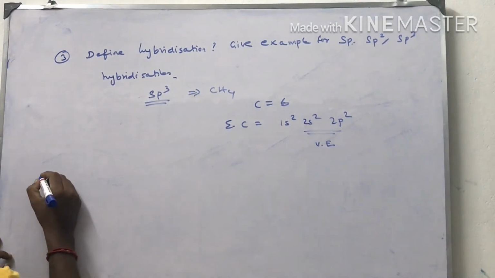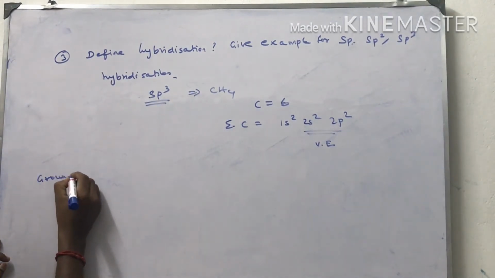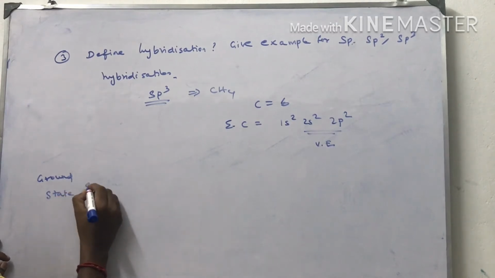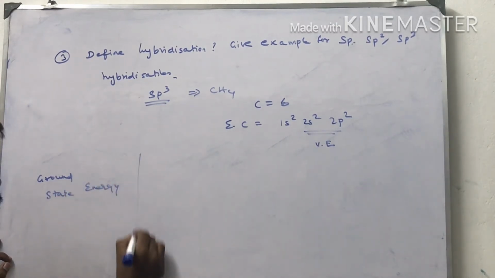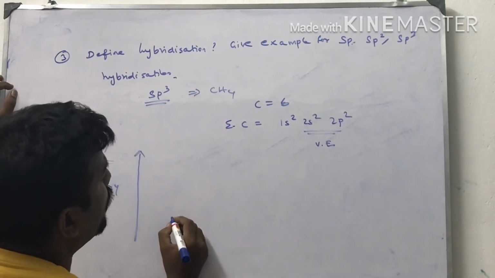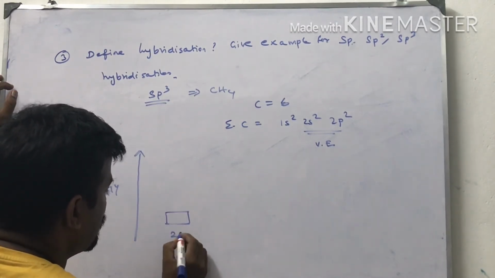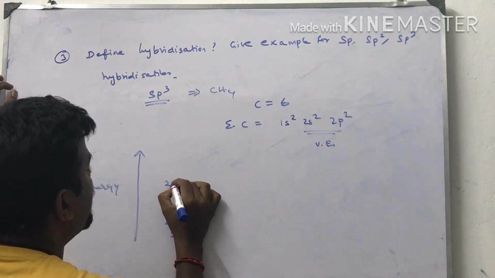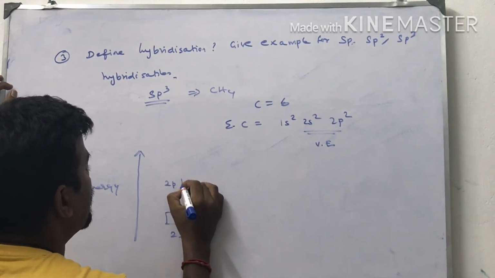We use the ground state electronic configuration. This starts from 2s2 and 2p orbitals.